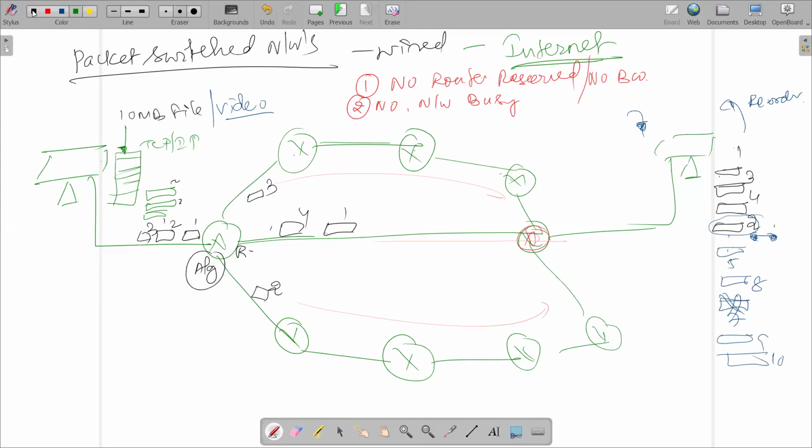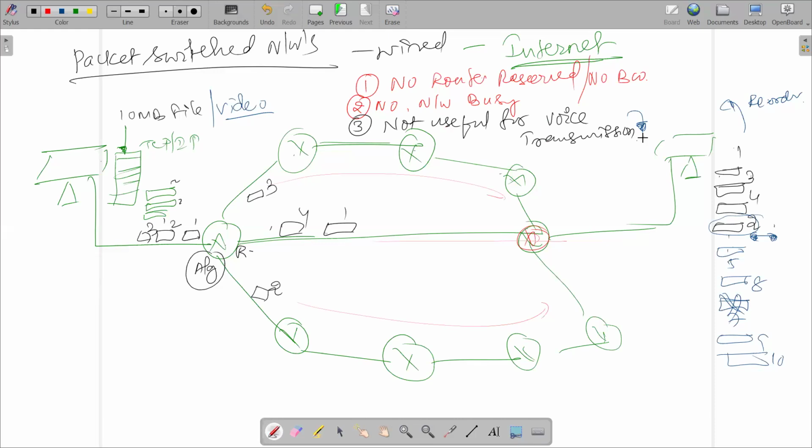But the disadvantage is that it is not useful for voice transmission.